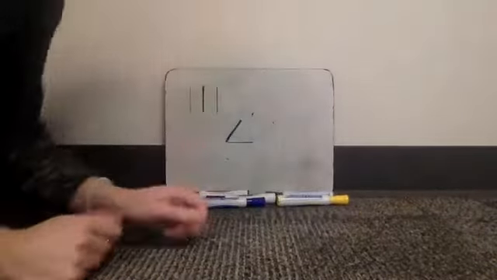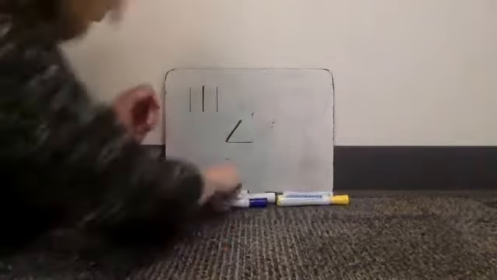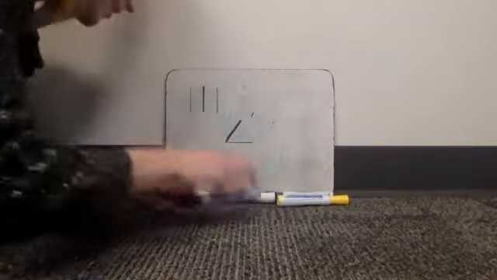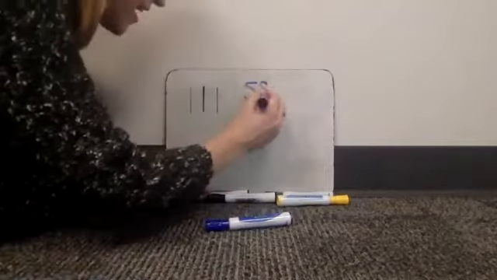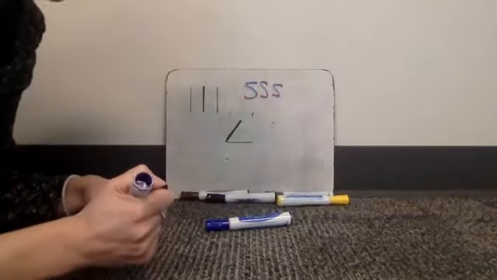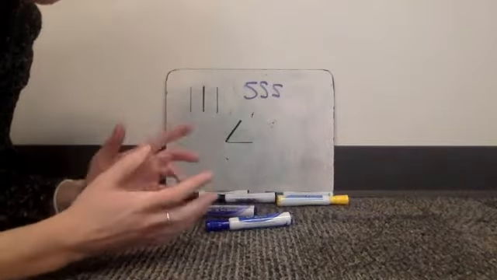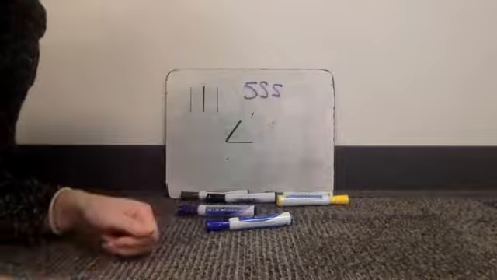So again, hopefully you get that idea. This is side, side, side, congruent triangles, okay? Some triangles are going to be congruent because their sides are the same length.